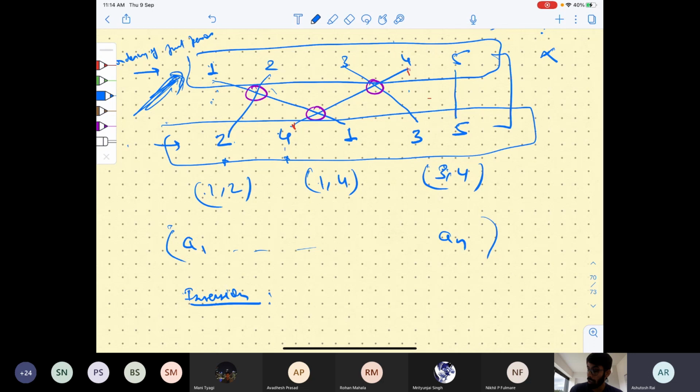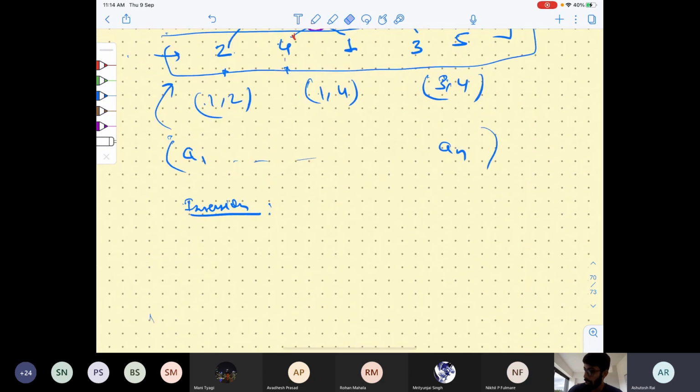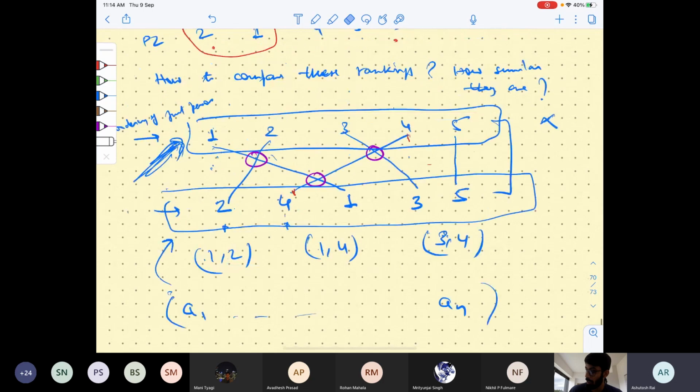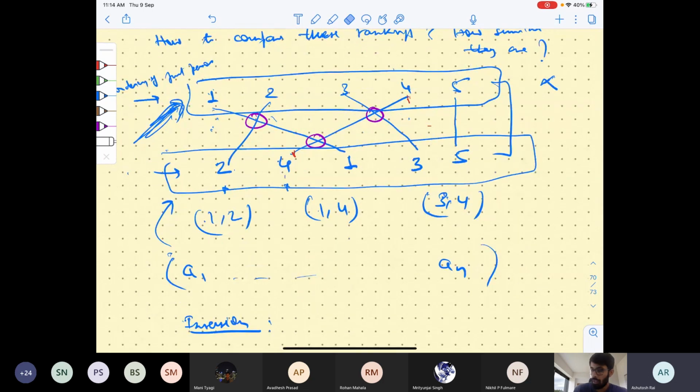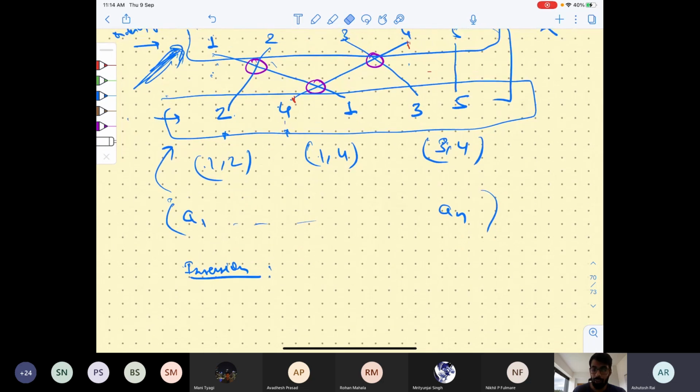So now we are given, suppose, the second list, and we want to find such conflicting pairs. There are three pairs, for example, in this case. Now we want a more mathematical, abstract definition of this.